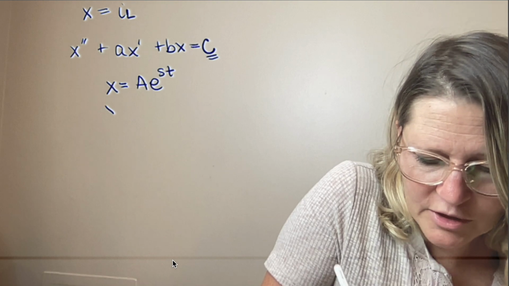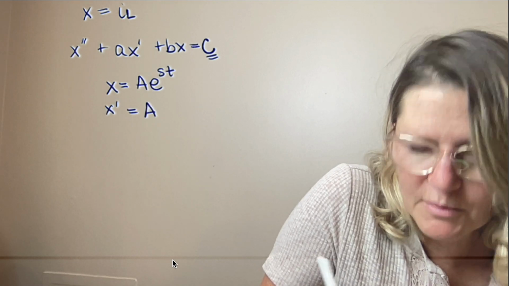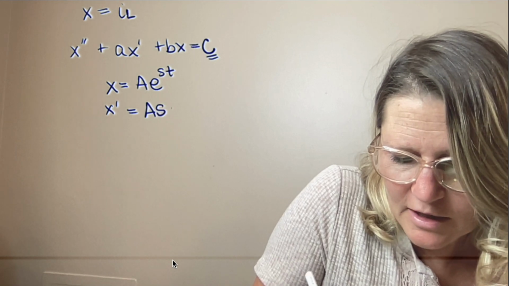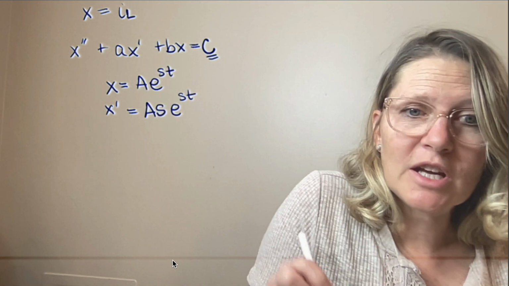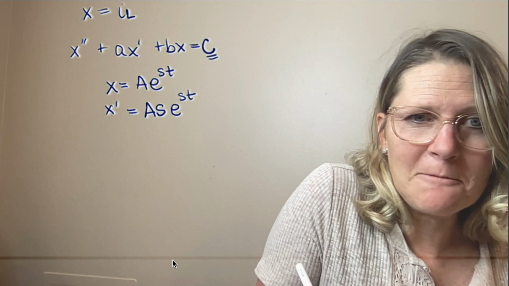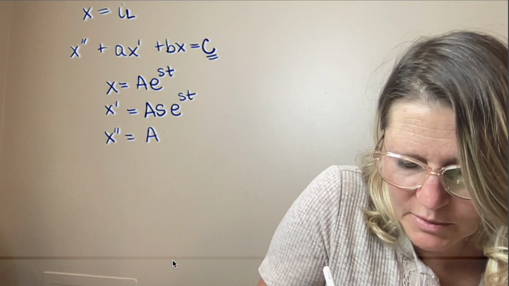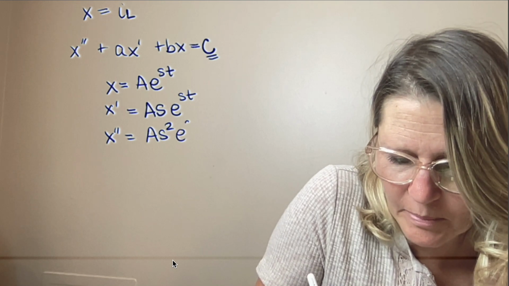Now when we differentiate that with respect to T, remember from an exponential, you just bring down the S portion. So it becomes this for the first differential, and the second differential becomes S squared.